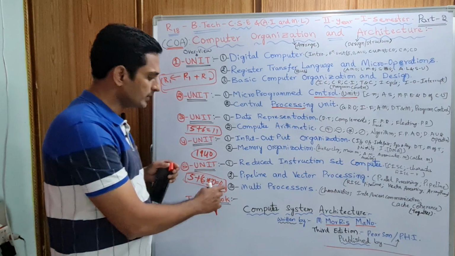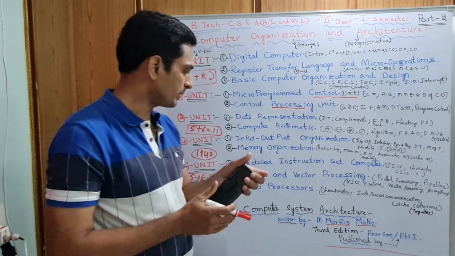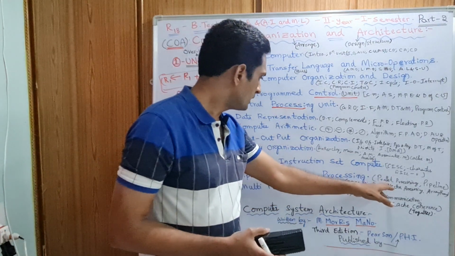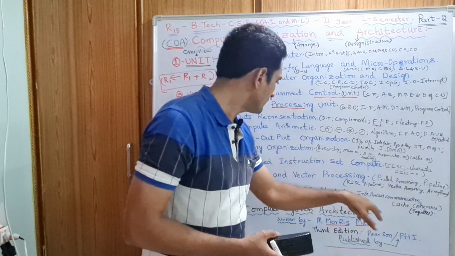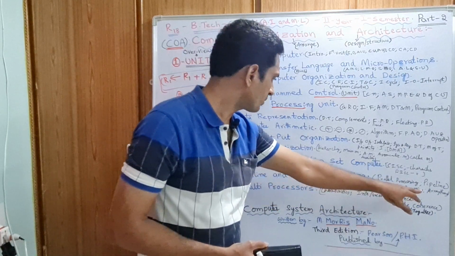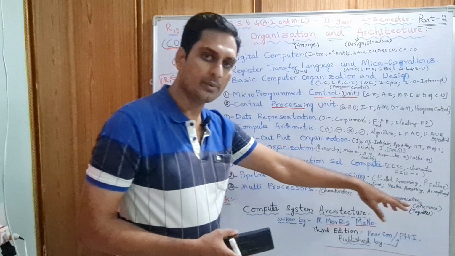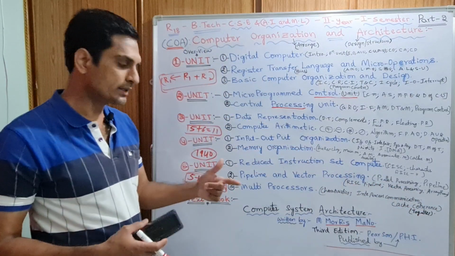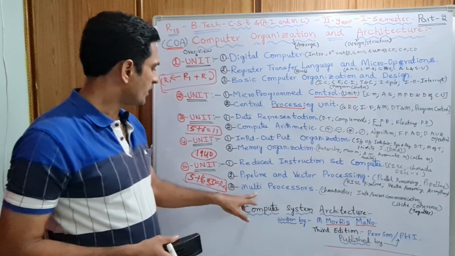The result answer will be obtained in the last pipe. Right, here we have parallel processing, pipeline, RISC pipeline, vector processing, array processor. That I will be discussing in the next videos.